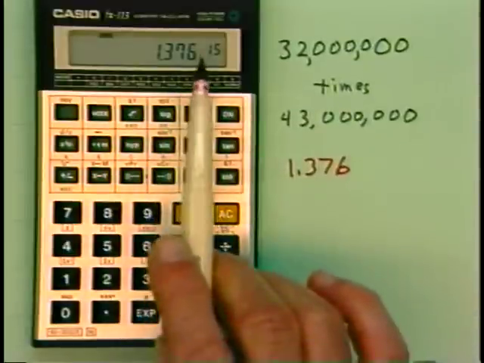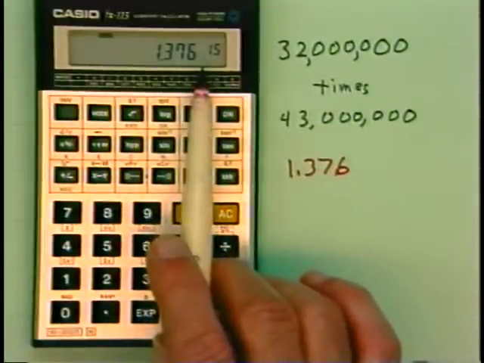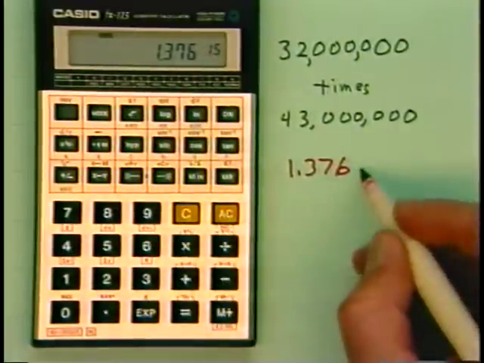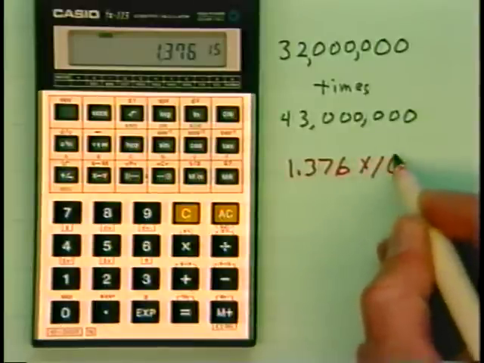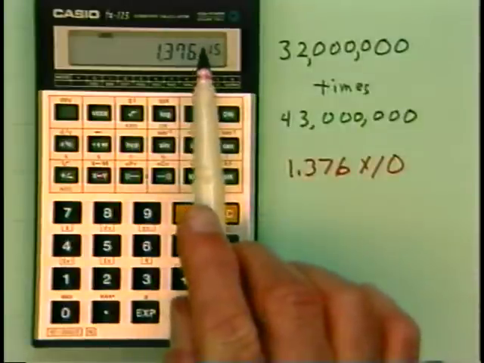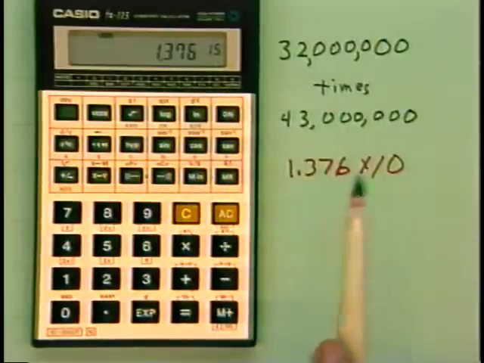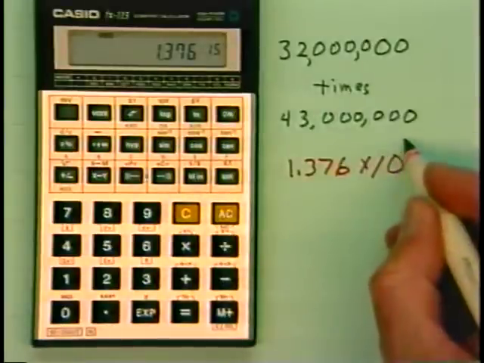And on the scientific calculator, what that blank space says, without actually writing it out for you, is that this is times 10. So interpret that little space as times 10 to that exponent.